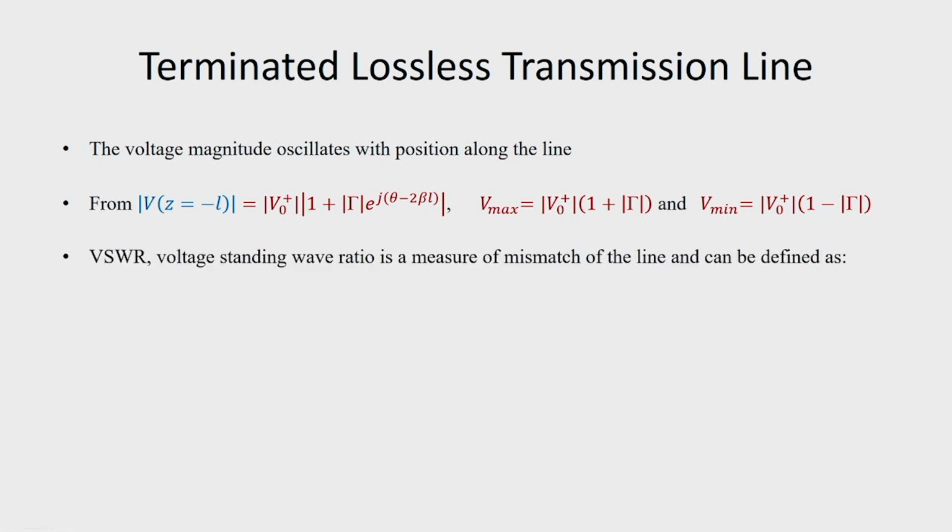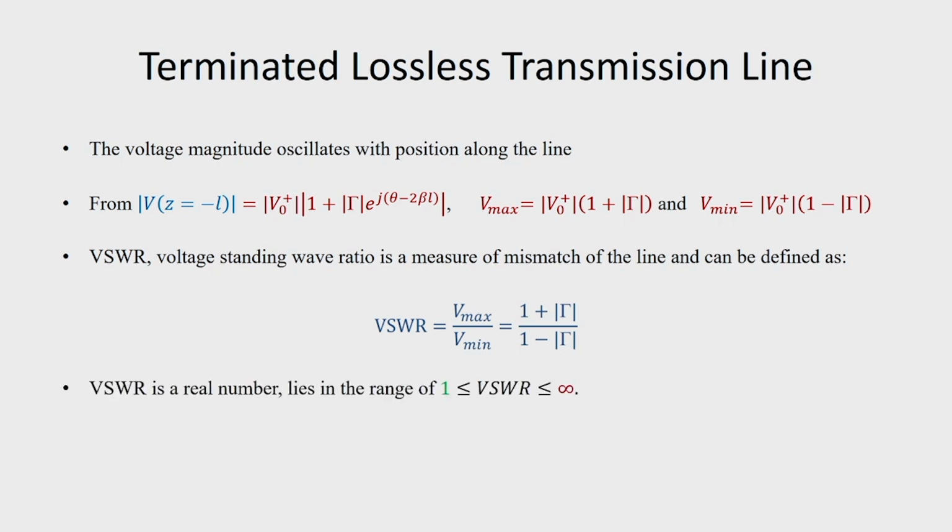We introduce a term which is called voltage standing wave ratio, and this is a measure of the mismatch of the line, and we define VSWR is equal to V max by V min, which is given by 1 plus mod of gamma divided by 1 minus mod gamma. VSWR is a real number, it lies in the range 1 to infinity.